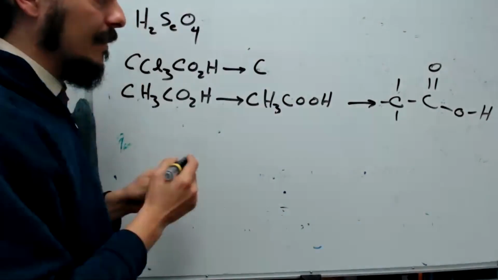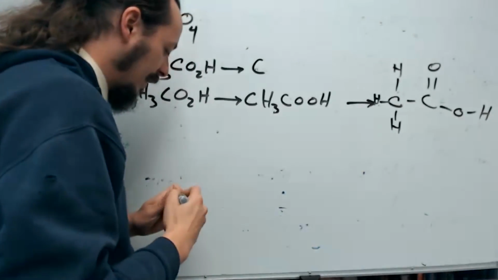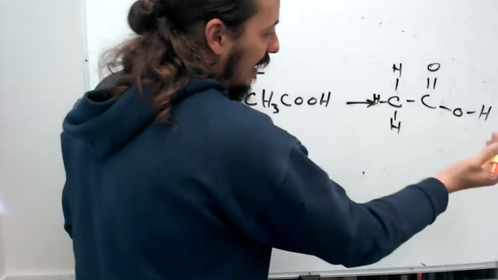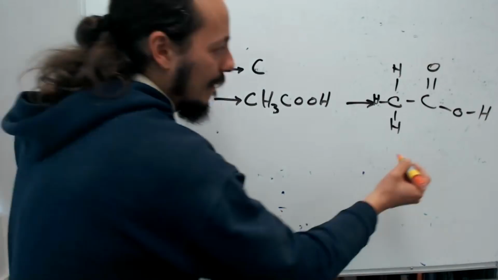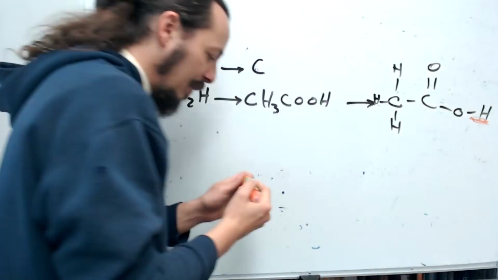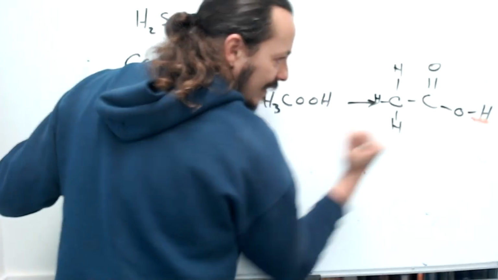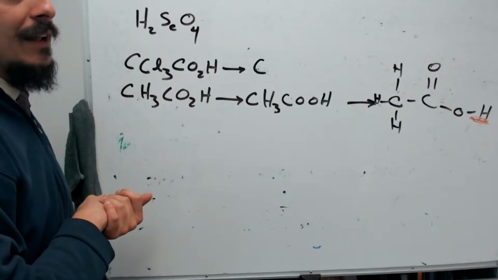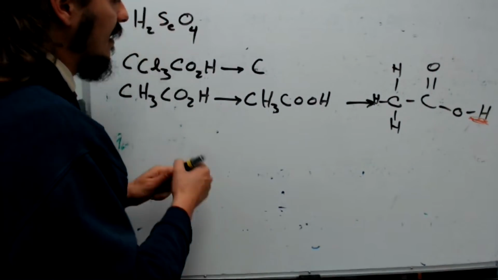We've got our hydrogens for a methyl group, then a carboxylic group over here. Can we point out which one is going to be the acidic proton? That's the acidic proton. Since it's directly attached to the oxygen, that's going to make it an oxo-acid.